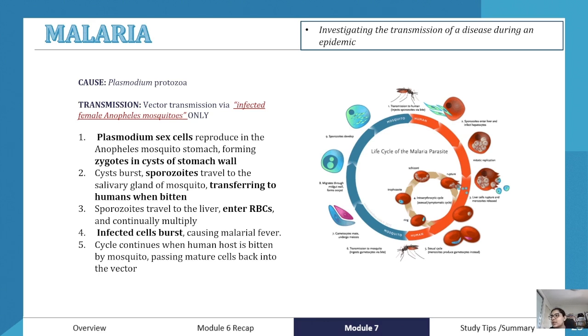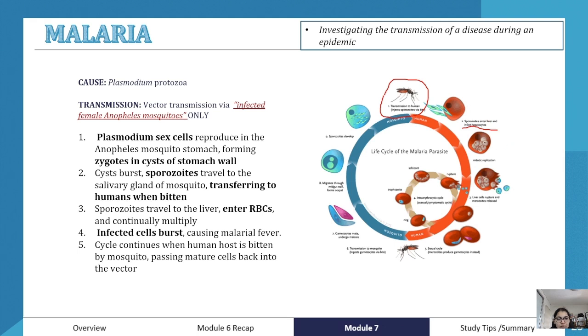So you can see in the diagram over there, let me get a pen. I really love using a pen. Hopefully you can see my screen okay. So here we go. We've got the transmission to the host that happens here, and then those sporozoites go straight to the hepatocytes, the liver cells, and they affect our red blood cells in the liver.